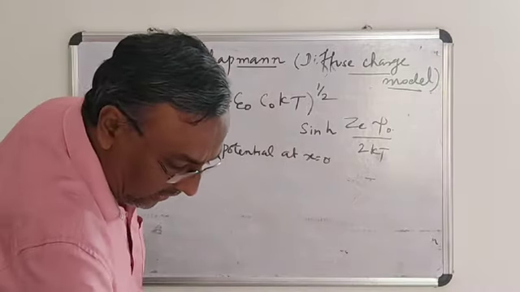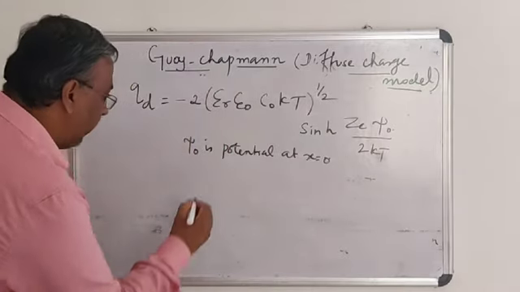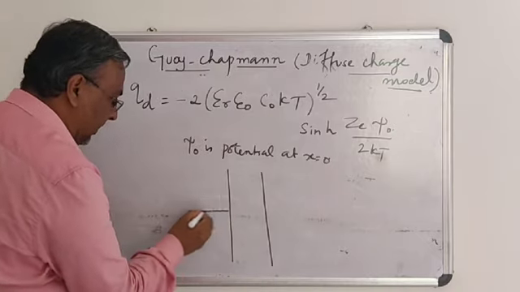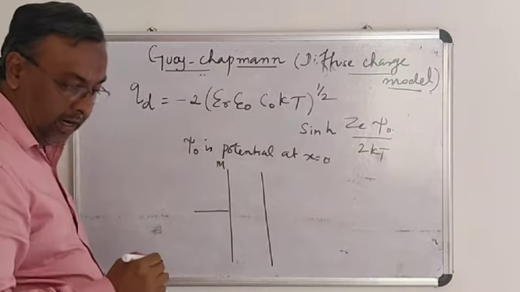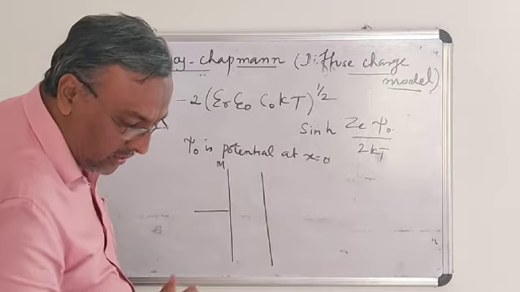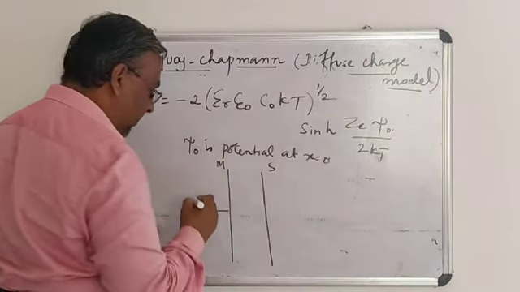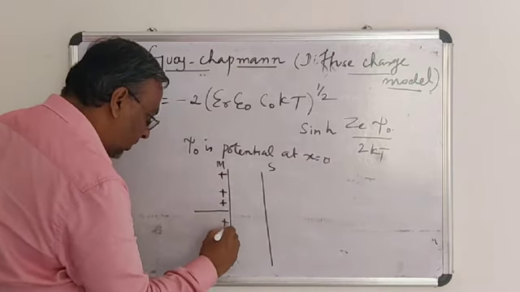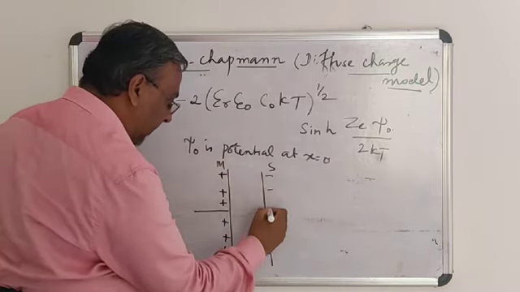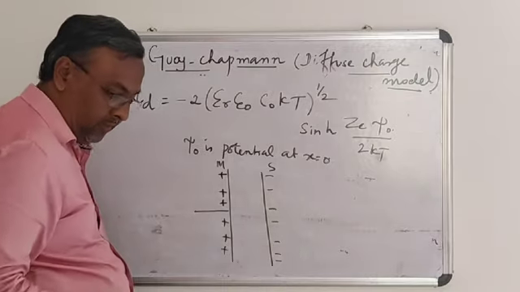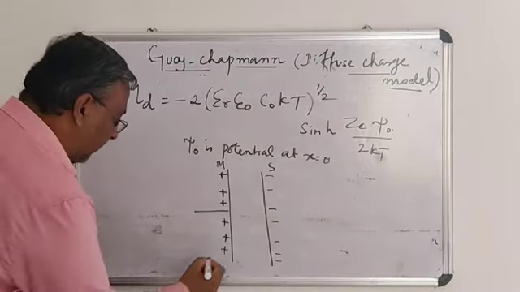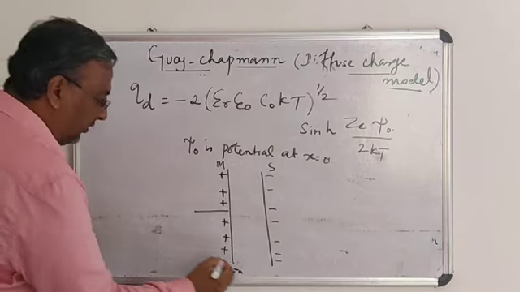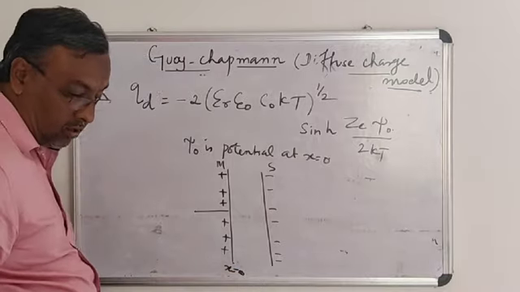For example, when I take the electrical double layer, this is the metal and this is the diffused state, the solution side. If this is the positive charge, for example, then the other will be negative charge. And this is the distance. At no distance, x is equal to 0.